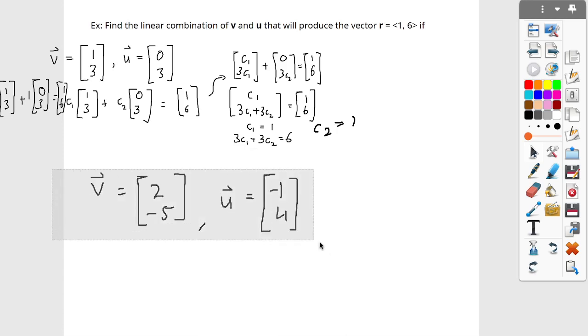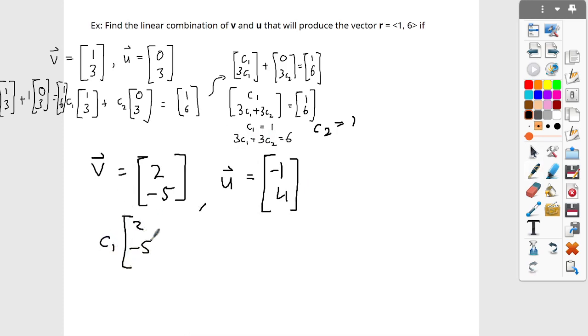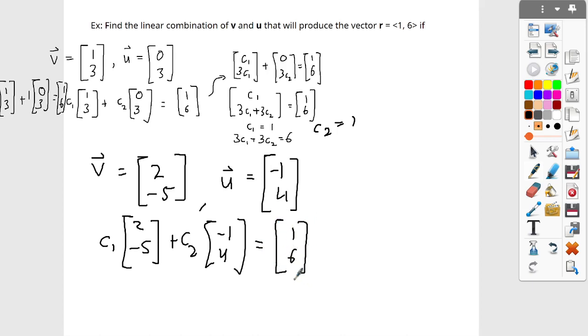The question is, now we have to take the combinations of these two vectors. So these are a little bit harder. C1 times 2, minus 5, plus C2 times minus 1, 4 will give you the 1, 6. So if we've established a pattern, we can just use that pattern from now on.